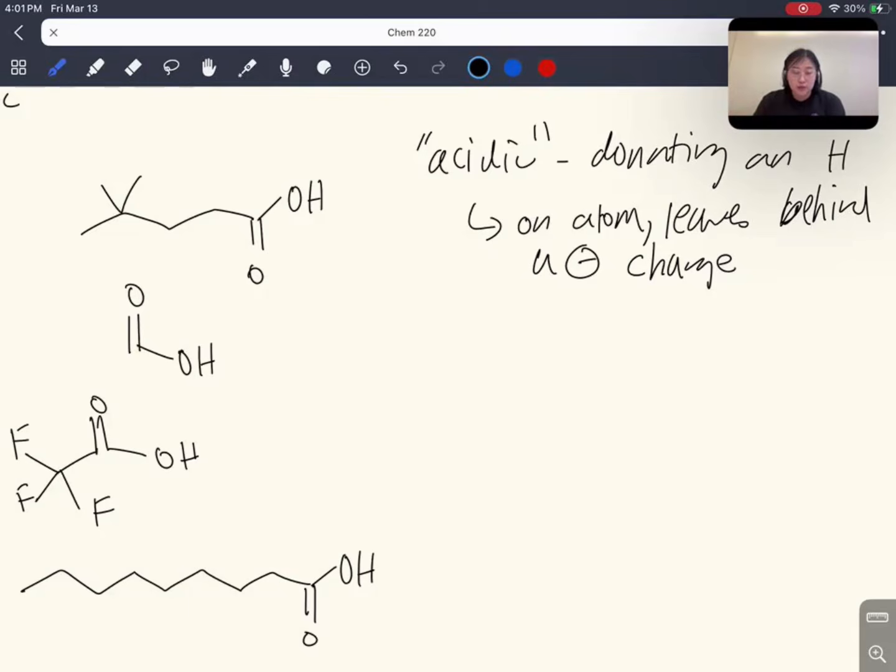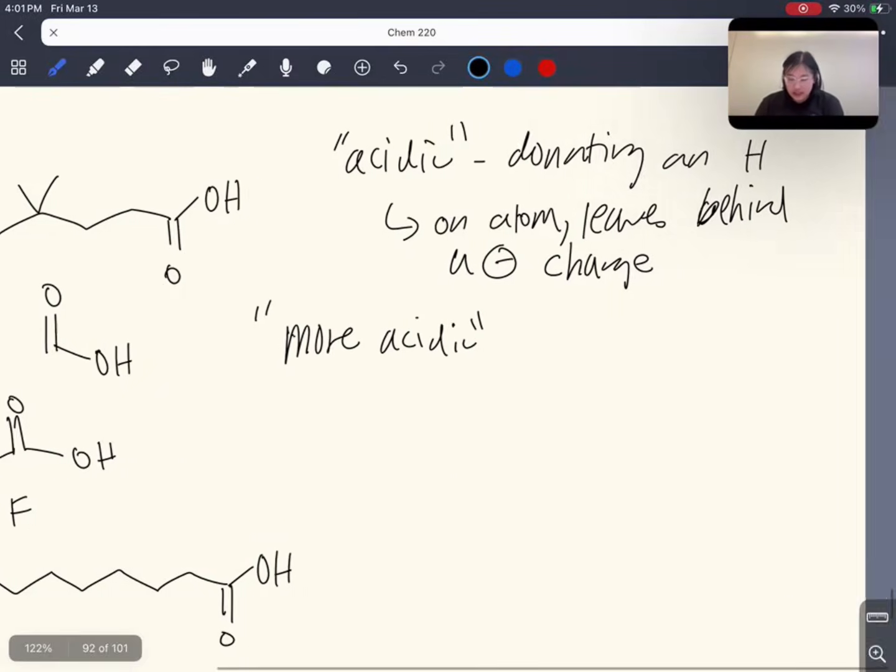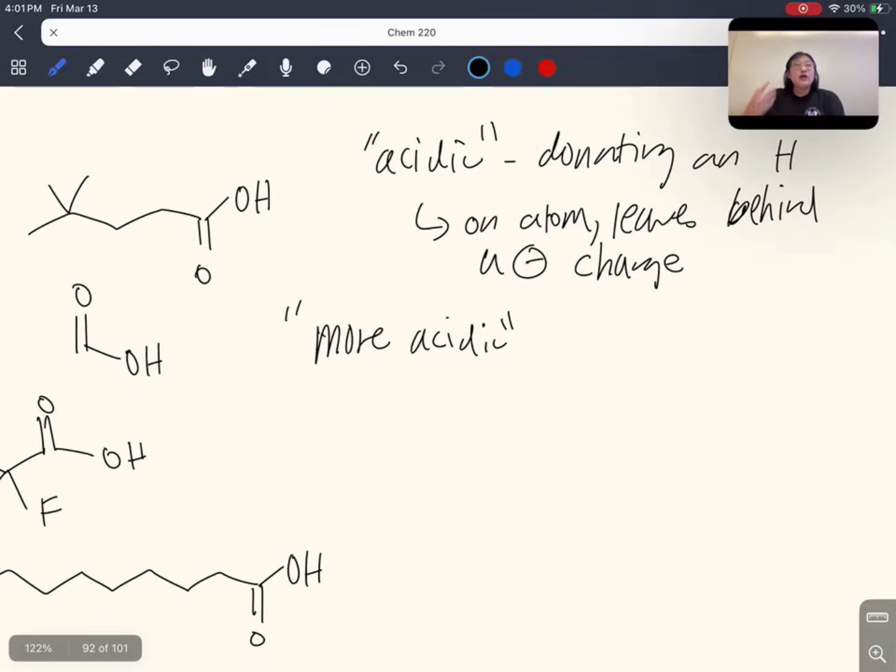And so how do we know if something is more acidic? Normally with these kinds of questions ranking acidity and basicity, you're asked, is this molecule more basic? Is it more acidic, et cetera. So what does it mean if a molecule is more acidic? If a molecule is more acidic, that means that it will dissociate into its conjugate base form, which is that molecule with the minus charge, right? It's more likely to do that. What makes a molecule more likely to dissociate into its conjugate base form and H plus?